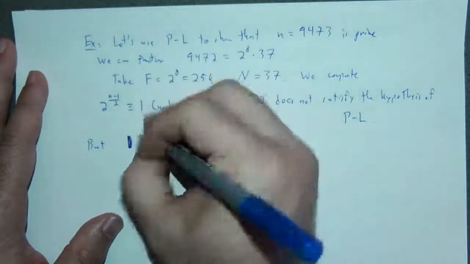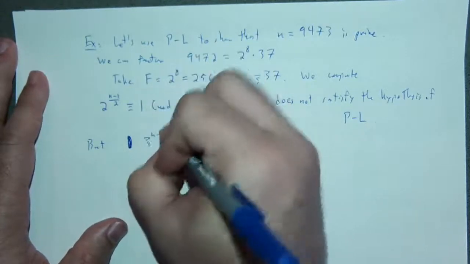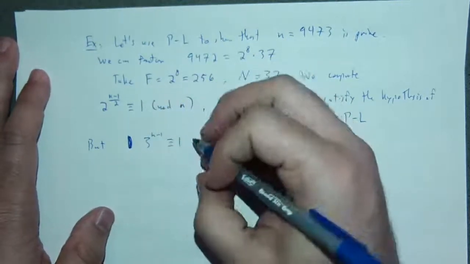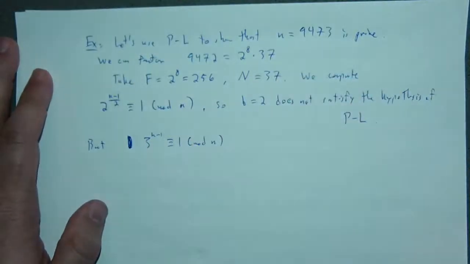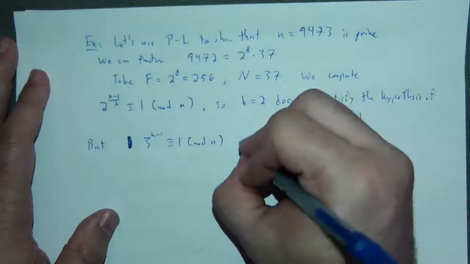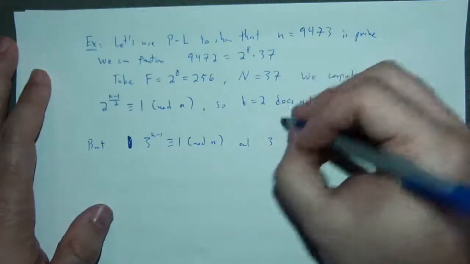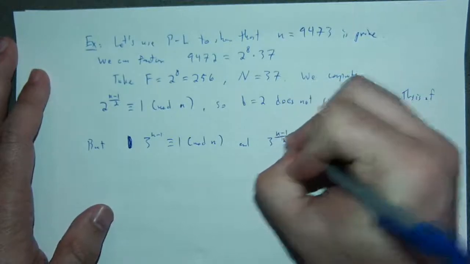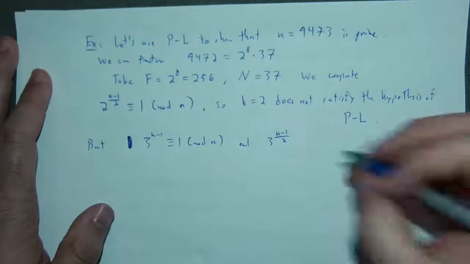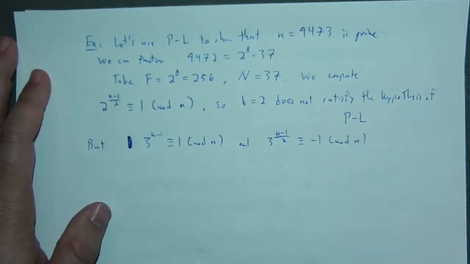But 3 to the n minus 1 is congruent to 1 mod n, and 3 to the (n minus 1) over 2 is congruent to minus 1 mod n.